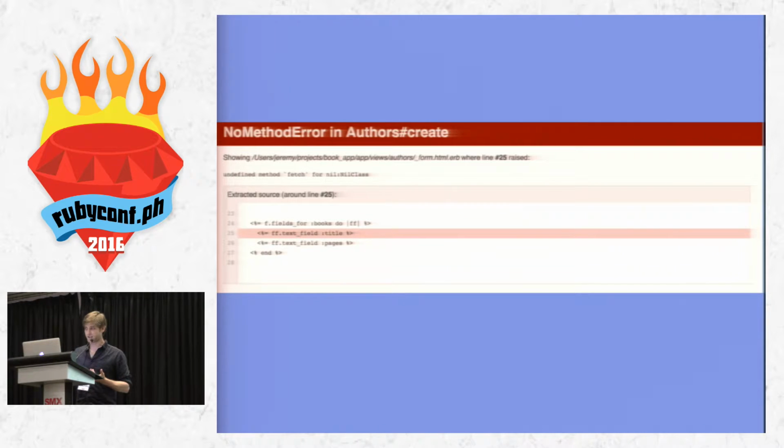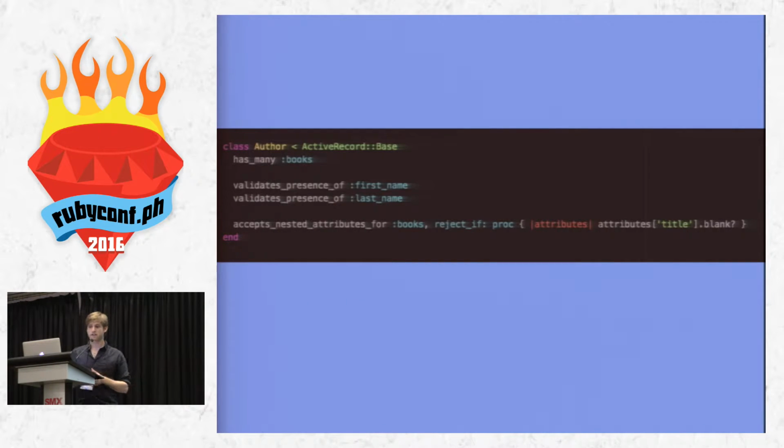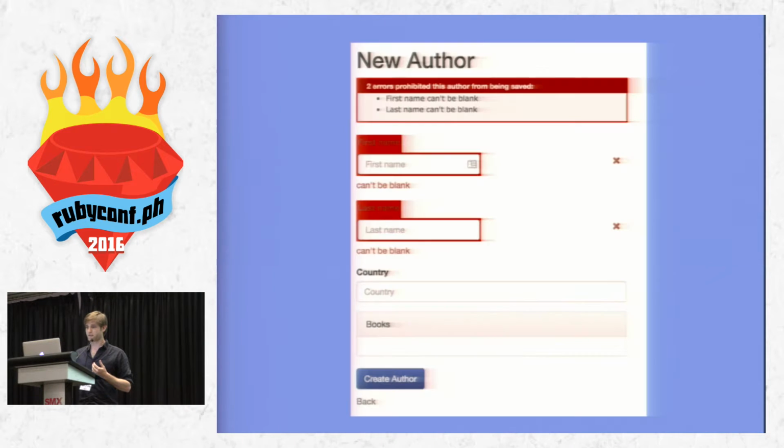And so to fix this, I can add an option to accepts nested attributes for, where I can say reject if, and then if the attribute for title is blank, then it won't be able to submit. So once I add this and resubmit the form, well, it works. That's great. But where the heck are the fields for my books?